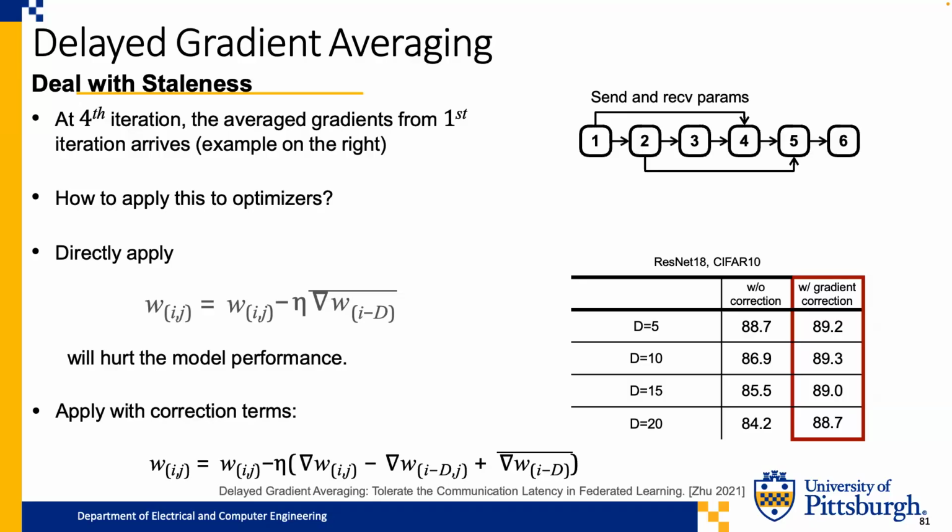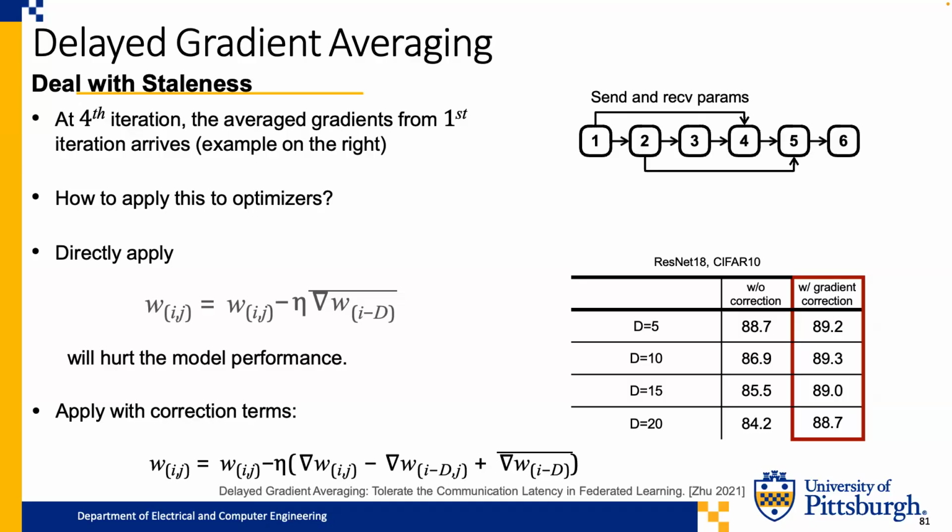Therefore, basically it says, I don't know what kind of progress you guys made so far, but I'm just assuming that you are making similar progress as I did. So this is what you had, and this is the progress I made, and I'm assuming the progress that I made is the same as the progress you made. I'm just going to add that into your stale gradient. So we are making that assumption here.